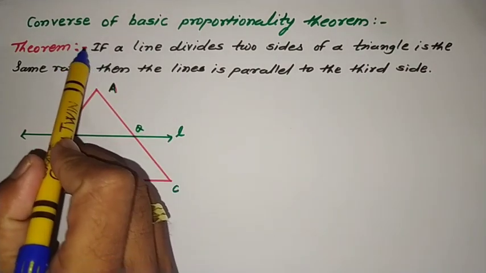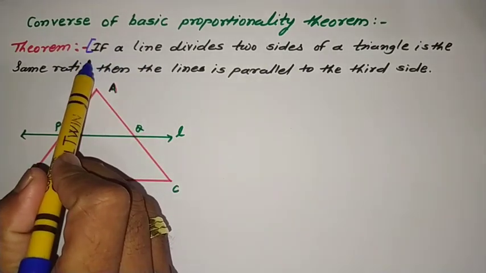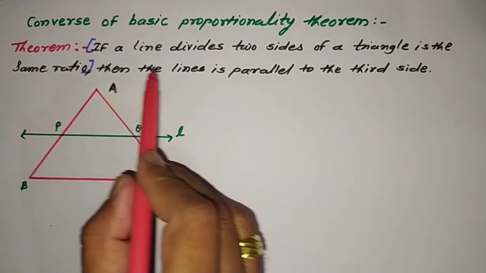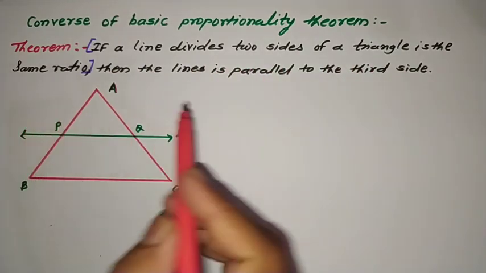First, the "if" part is the given part: if a line divides two sides of a triangle in the same ratio.